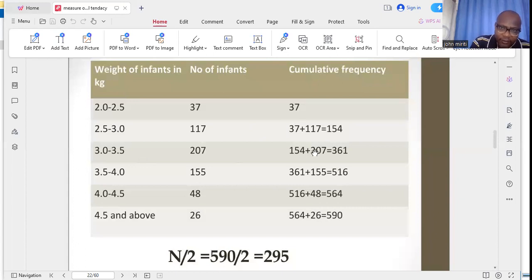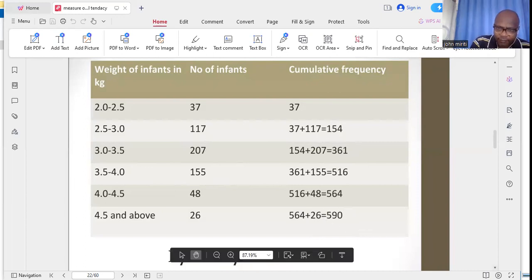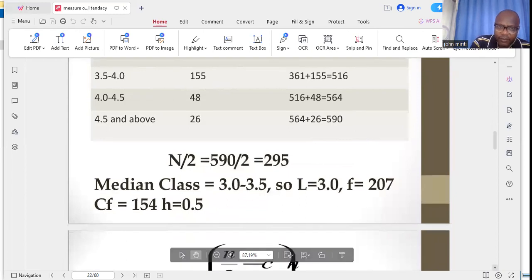Then in this class, you get the cumulative of the previous class plus this class. It gives the cumulative in this class. Like that, until you get the total cumulative of 590.